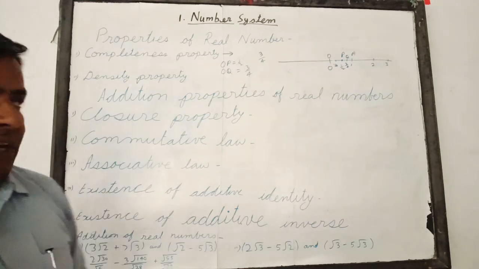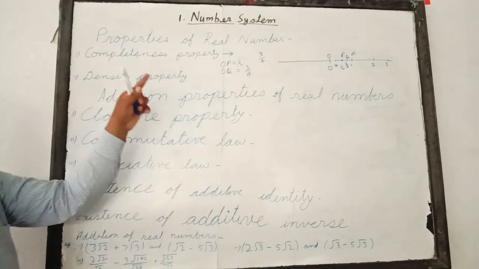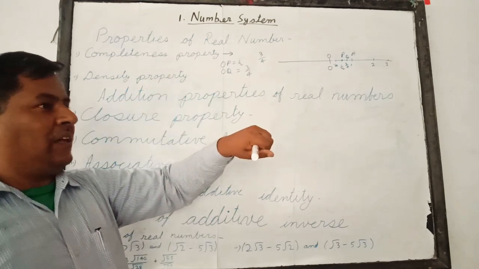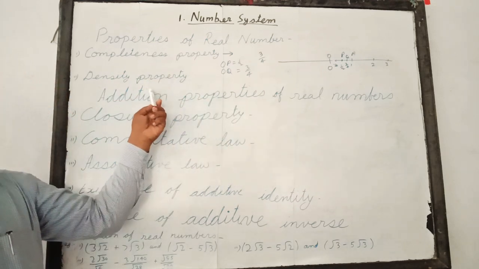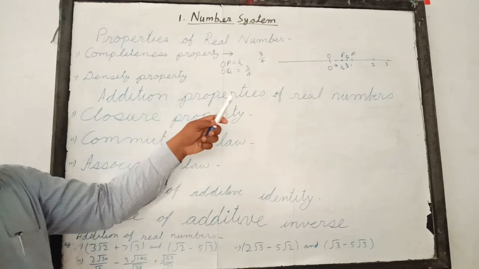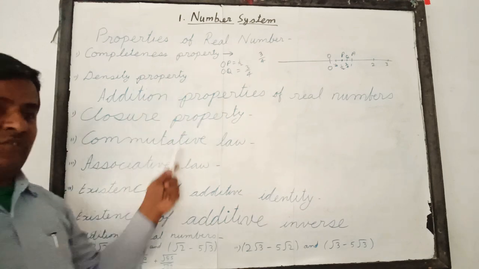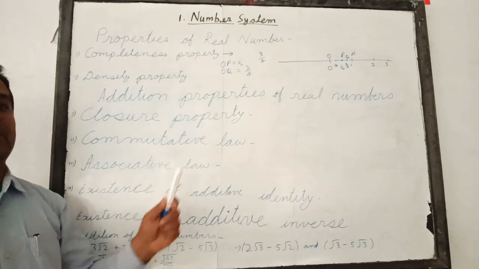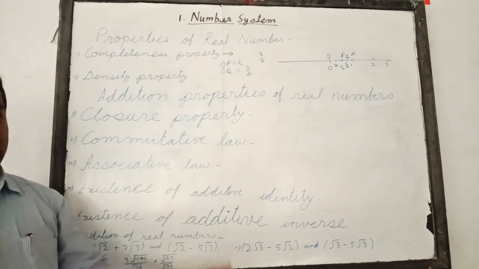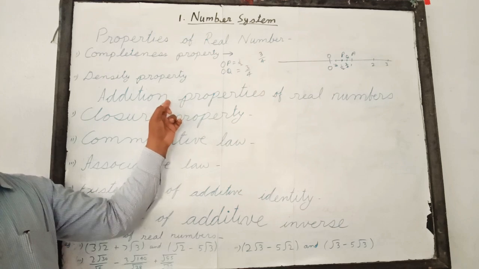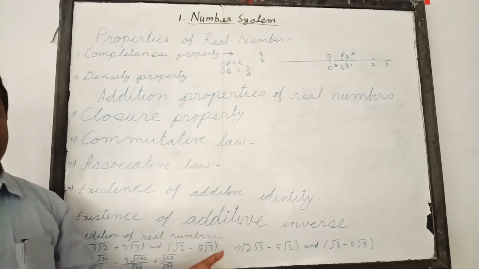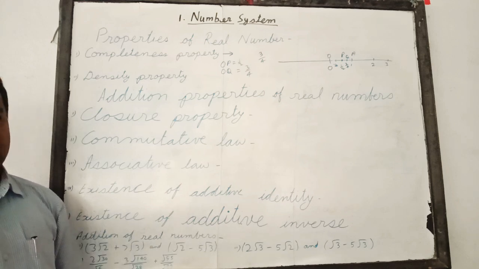Then the second property is the density property. What do we mean by density property? By this we mean that if we have two real numbers, then between these two real numbers we can get infinitely many real numbers. Already you know that if you are asked to find two or more rational numbers between two given rational numbers, you can do it.